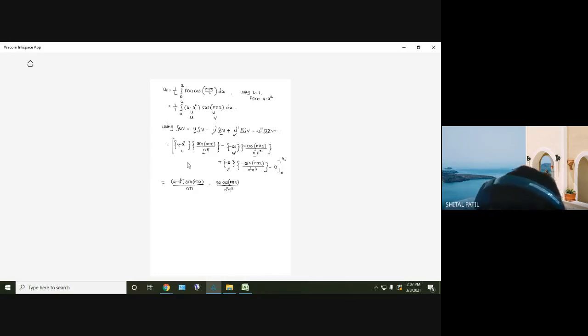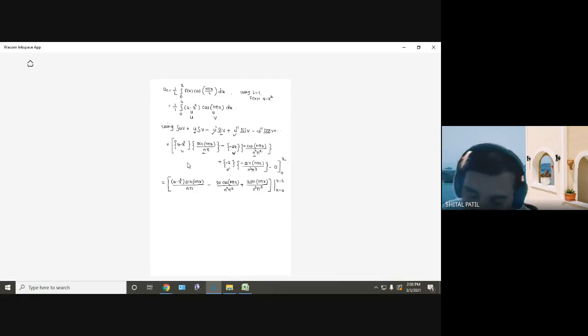Let me write the next term. Minus sign over here, minus sign over here. Minus minus plus 2 sine of n pi x divided by n cube pi cube. Only these 3 terms are non-zero terms. Remaining all terms are 0 terms. Lower limit x equal to 0, upper limit x equal to 2.